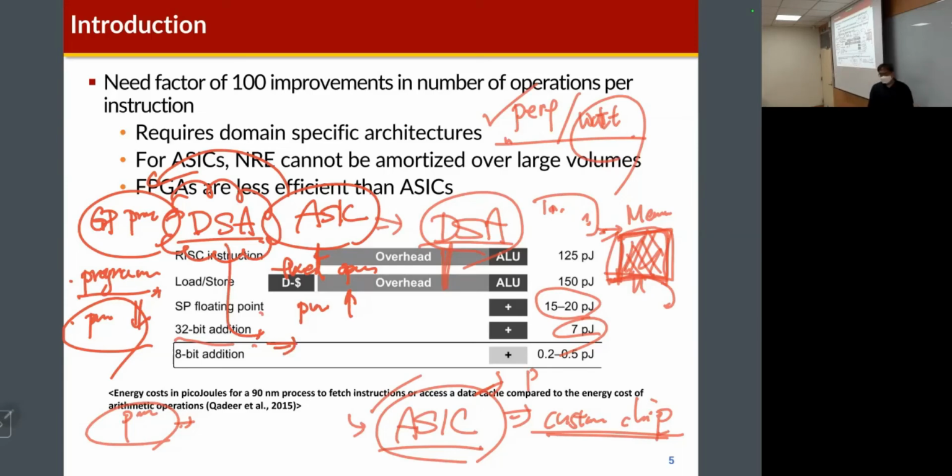For example, the Google TPU, the Tensor Processing Unit, can accelerate matrix operations.